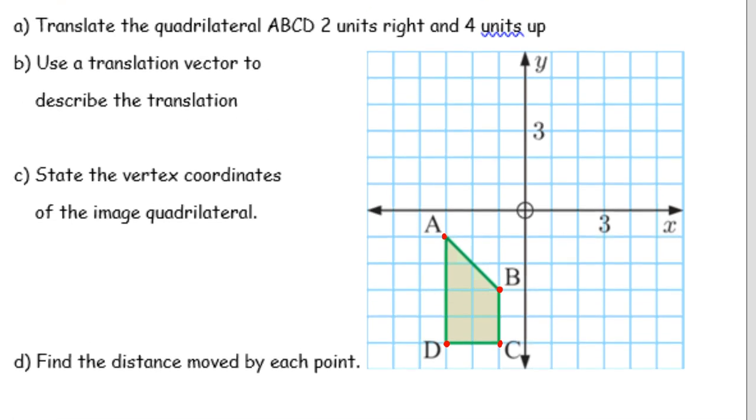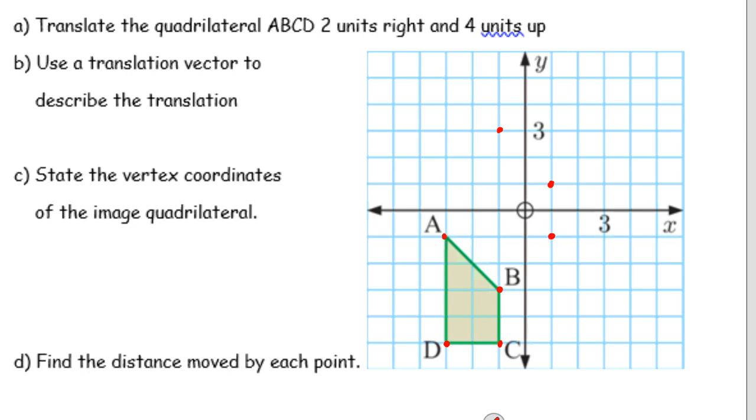Let's start with A. I've gone across by 2 and I've gone 1, 2, 3, 4 units up. There's my A dash. For B, we go 2 units to the right and 4 units up. C, we go 2 units to the right and 4 units up. 1, 2, 3, 4.